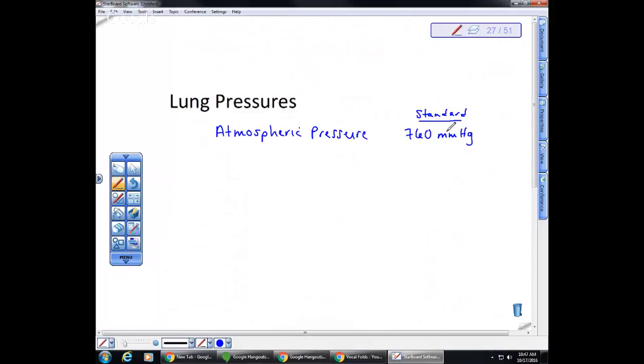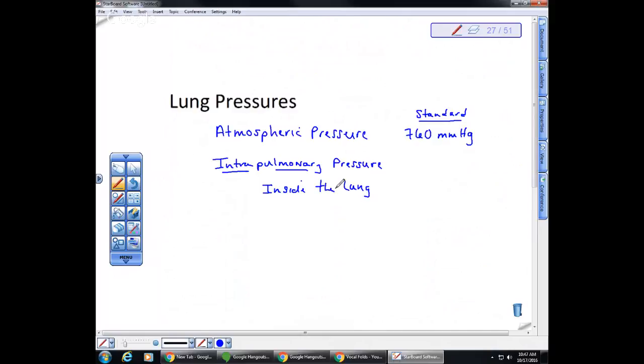This is the measure of pressure. That is, if it's exerted on a column of a certain amount of mercury, that's how tall that column would be, okay? So that is our atmospheric pressure. We also have what is called intrapulmonary pressure. So intrapulmonary, this is inside the lung, right?